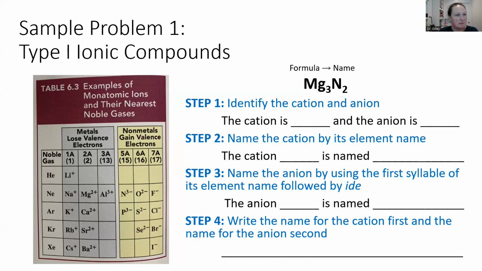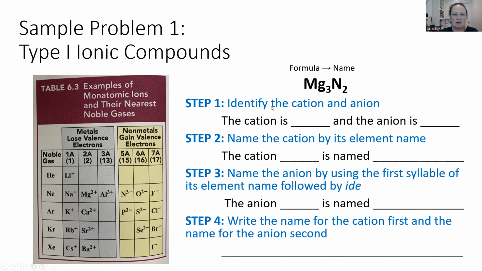So in this problem, we're going to be starting with the formula of an ionic compound and coming up with the name. So that's our goal, to be able to write the name for this ionic formula. Okay, so what are the steps involved for these type 1 ionic compounds?